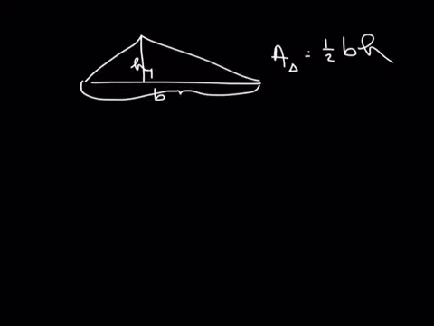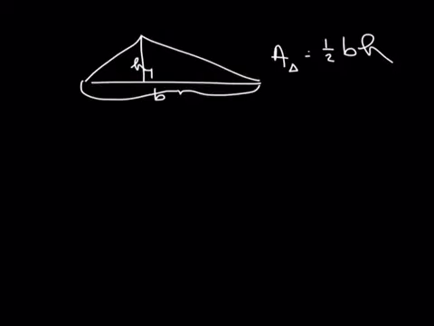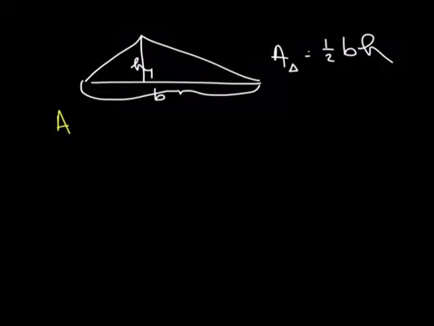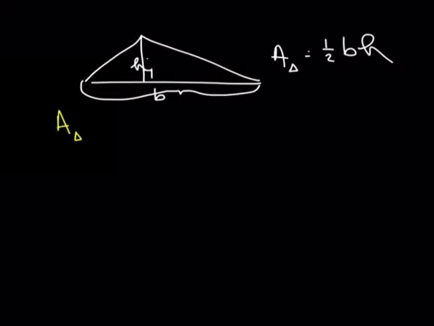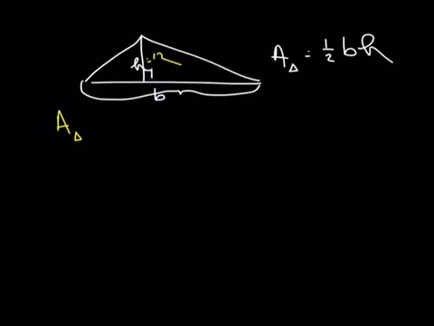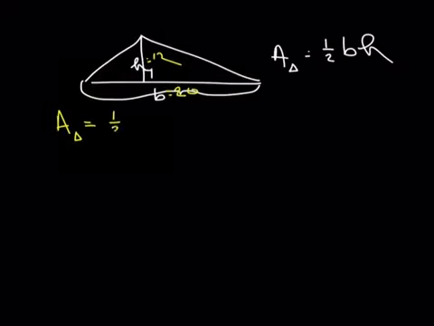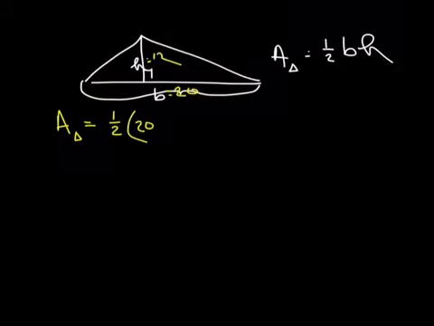So that being the case, when they give you a particular formula, let's say they say find the area of the triangle if the height is 12 and the base is 20. So that's going to be 1/2. What did I say the base was? 20.